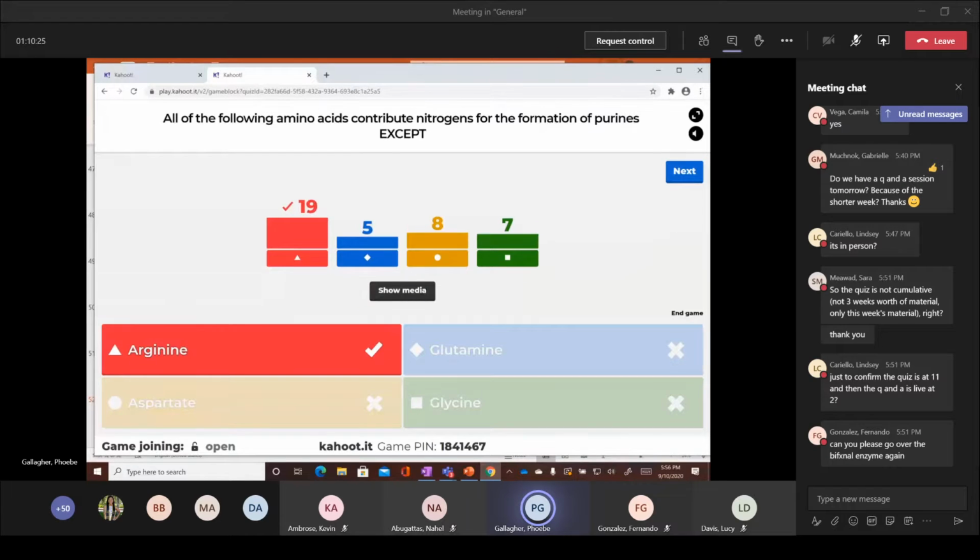Right, awesome. Yes, arginine is not one of the 3 amino acids that contribute nitrogens to the purine rings.